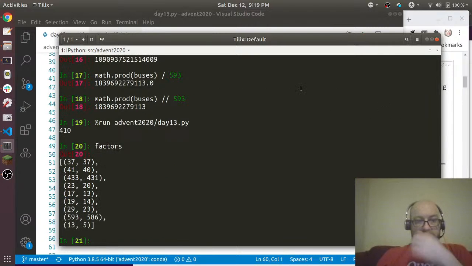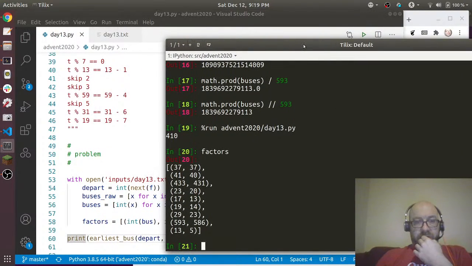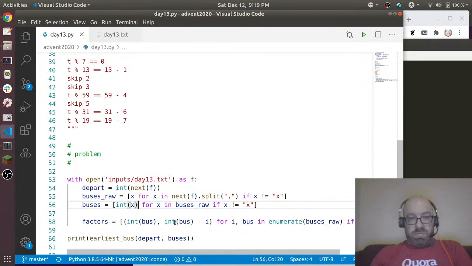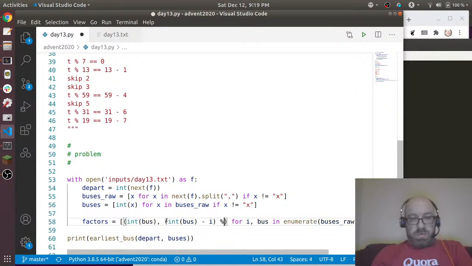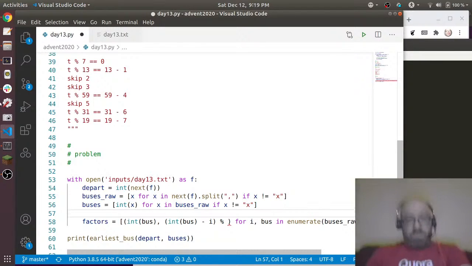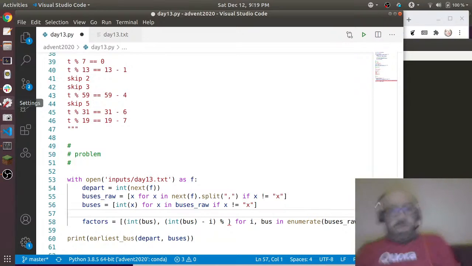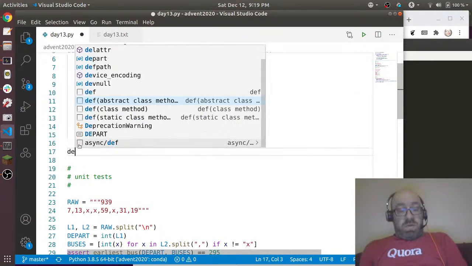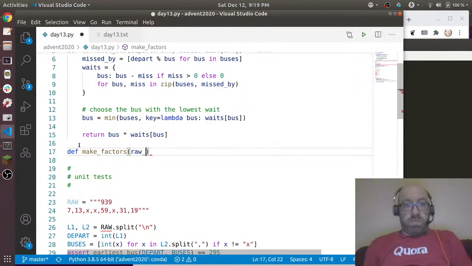And look at factors. So that's definitely wrong. Actually, it's okay if I do factors, raw buses, which is a list of strings.